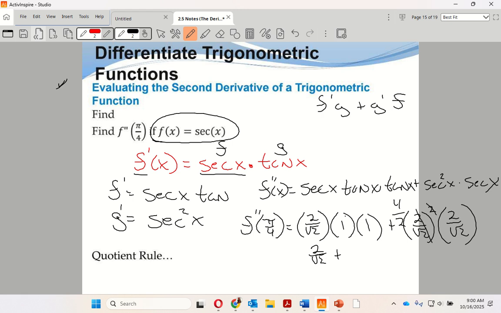So it's 4 over 2 times 2 over rad 2. Can I cancel those out? And what am I left with? 4 over rad 2, right?